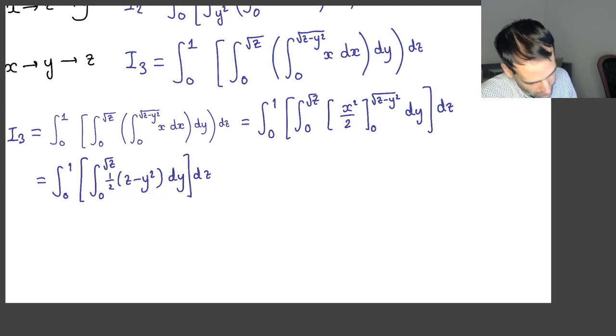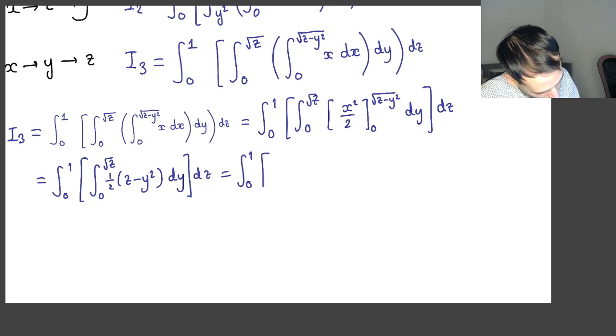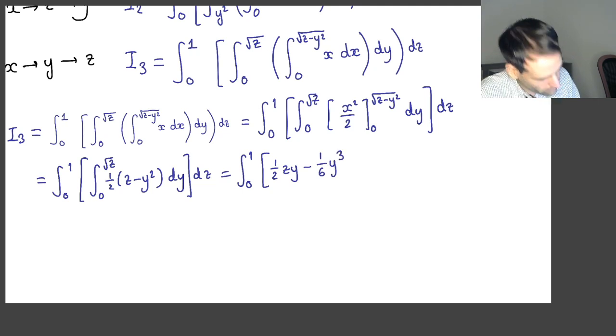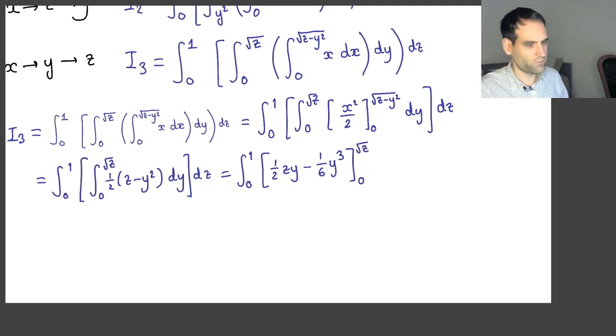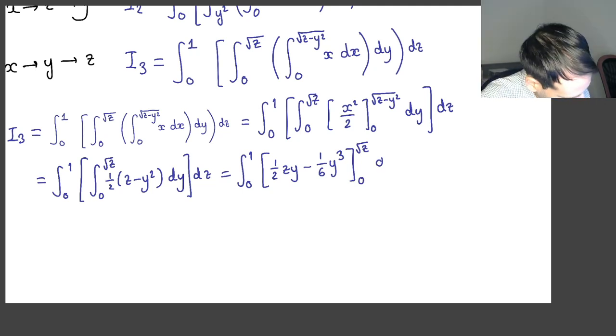Okay? And the integral of that with respect to y, so we leave the outer integral unchanged. The integral of that with respect to y is going to be 1/2 zy minus 1/6 y cubed. Yes. And the limits are between y equals 0 and y equals square root of z. Okay? And then we still have dz.